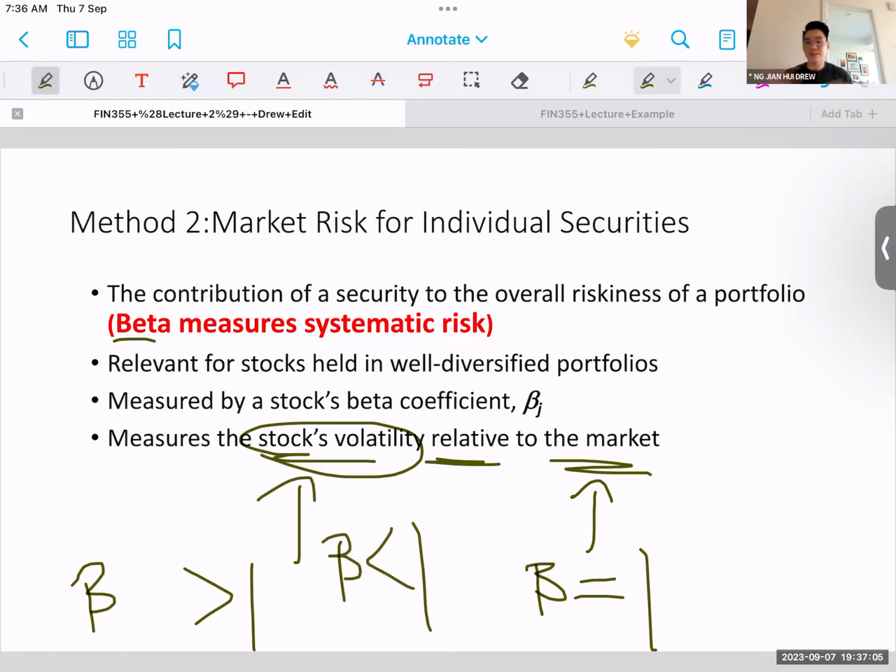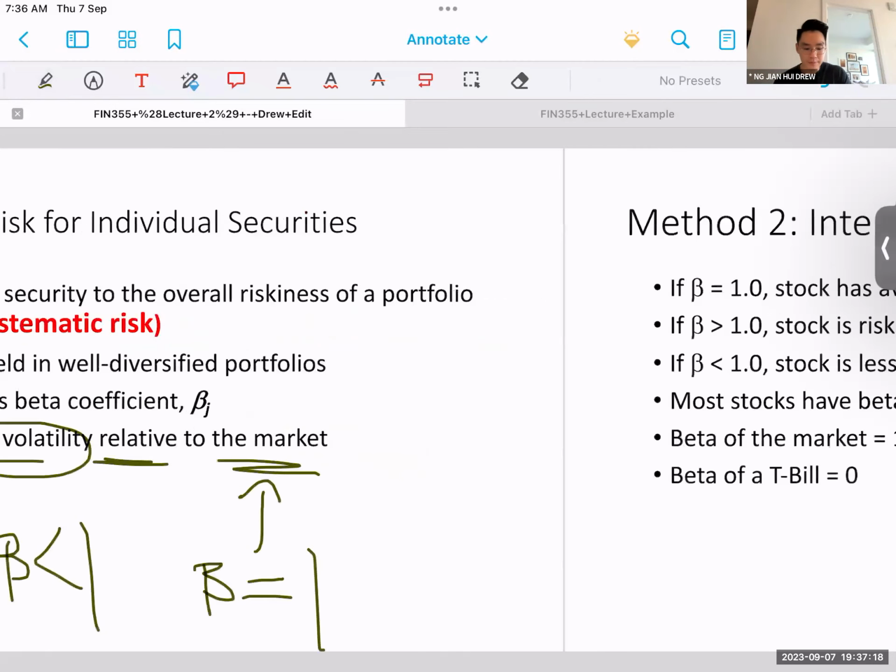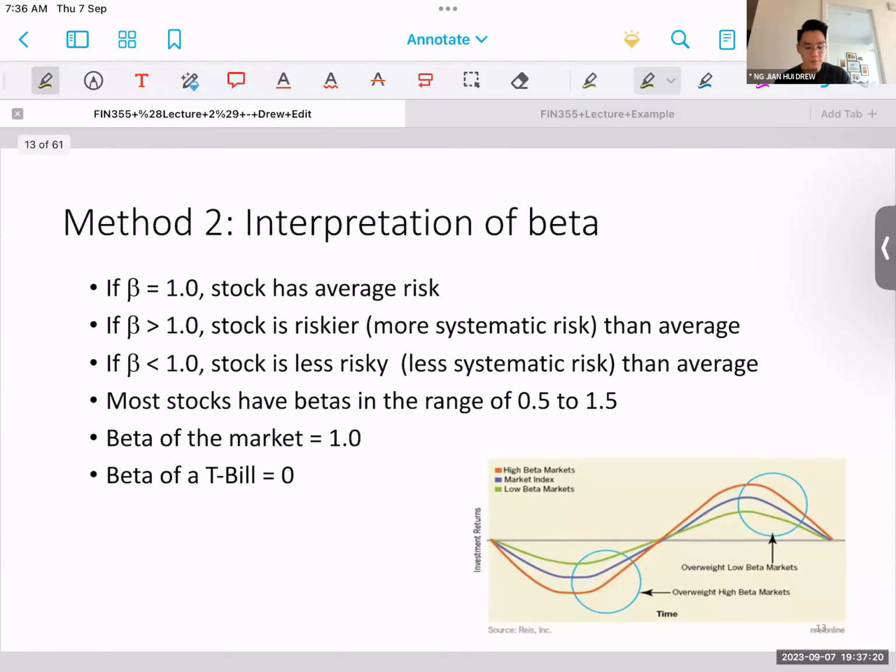So that's all about beta, right? It's not some number that you plug from a Bloomberg terminal, right? The understanding is that it is simply measuring the volatility of the stock relative to the market. So what we have here: more than 1, riskier; less than 1, not risky.